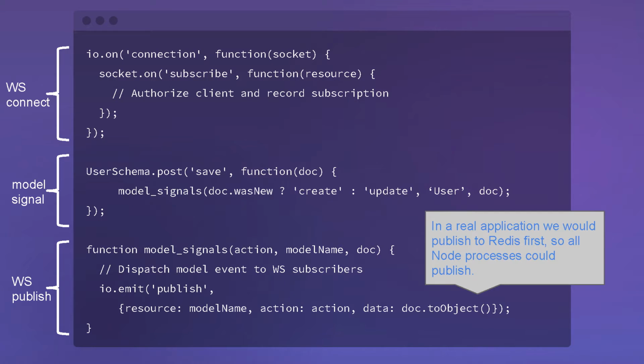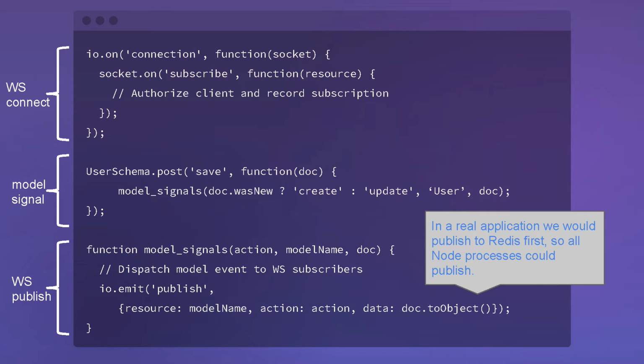So let's see a little bit about how this looks inside the code in practice. We're looking at the server side now, the Node.js side. I've got my socket IO. When I receive a connection, I'm going to set up an event handler for this subscribe action. So when the client says, hey, I want to subscribe to the users endpoint, I'm going to get this callback.